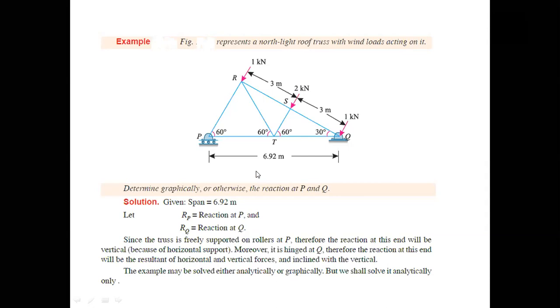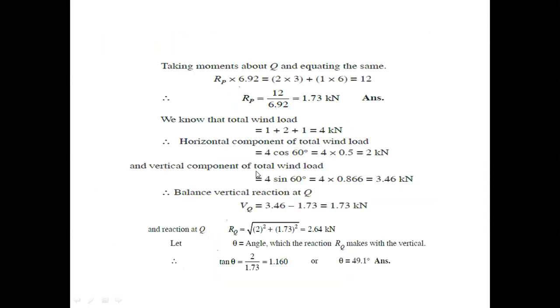So the balance force is 3.46 minus 1.73, which is 1.73 kilonewton.